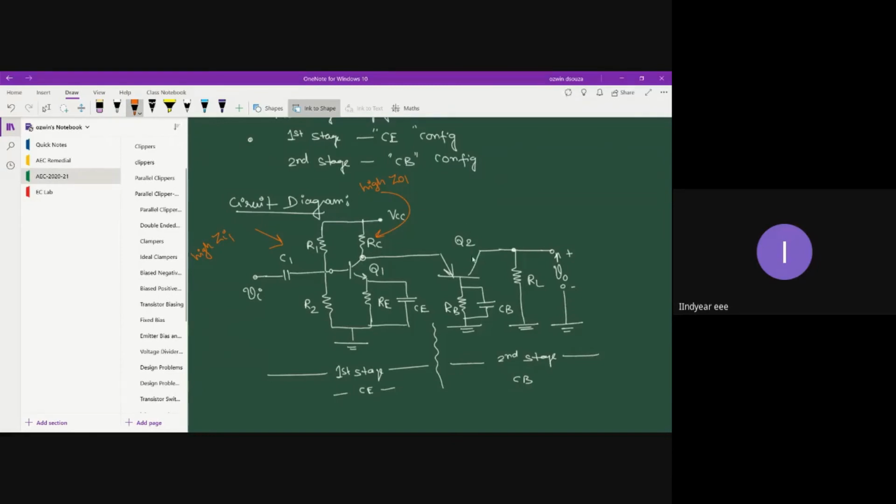Now, if you look at the common base configuration, the input impedance is low. The typical input impedance values lie in the range of a few ohms to tens of ohms. So low Zi2, and the output impedance is very high, so very high Zo2.